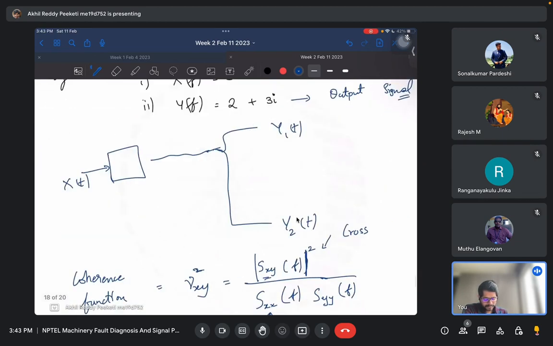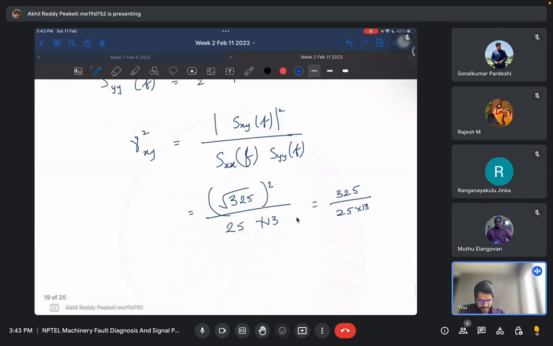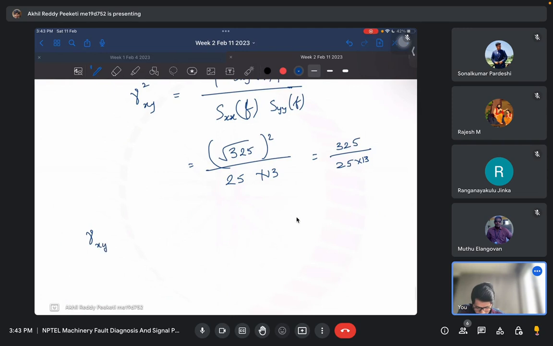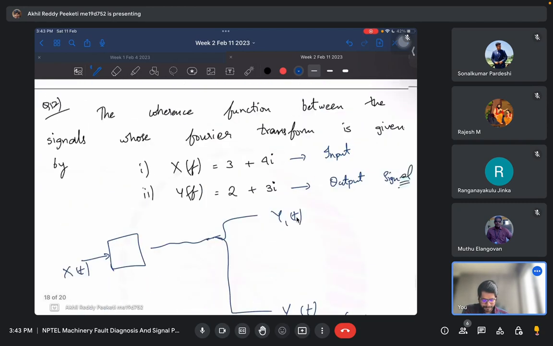So now when you have two signals, by looking at gamma xy1 and gamma xy2, you can tell which signal is more correlated to the input than the other signal.